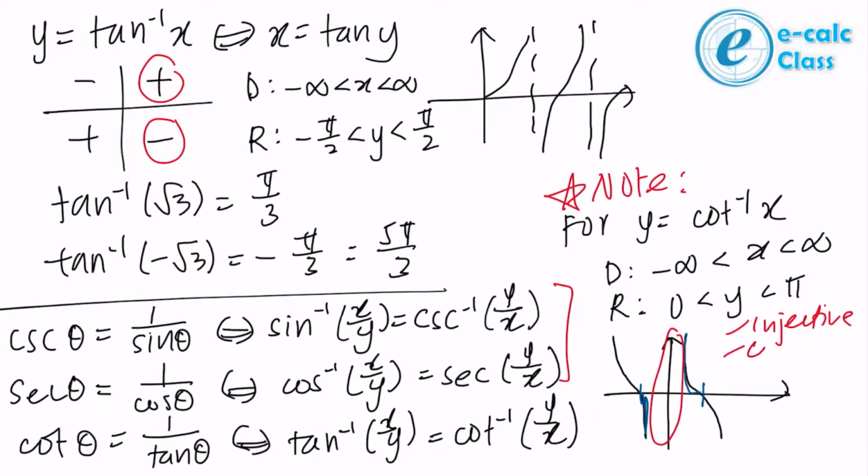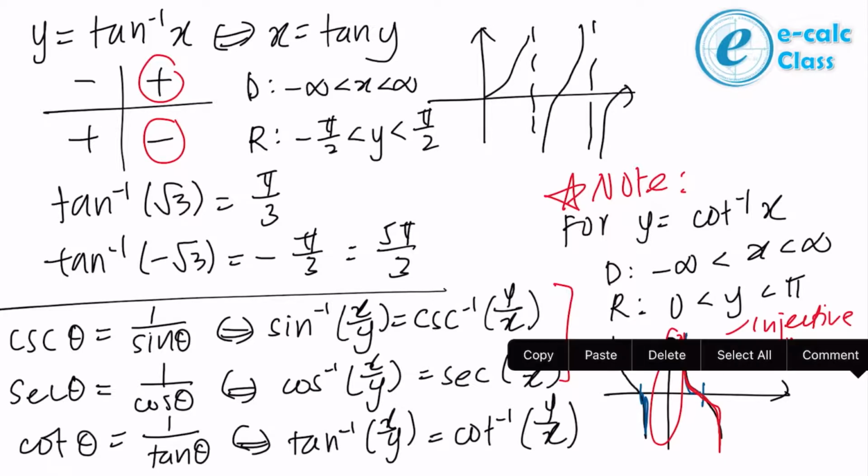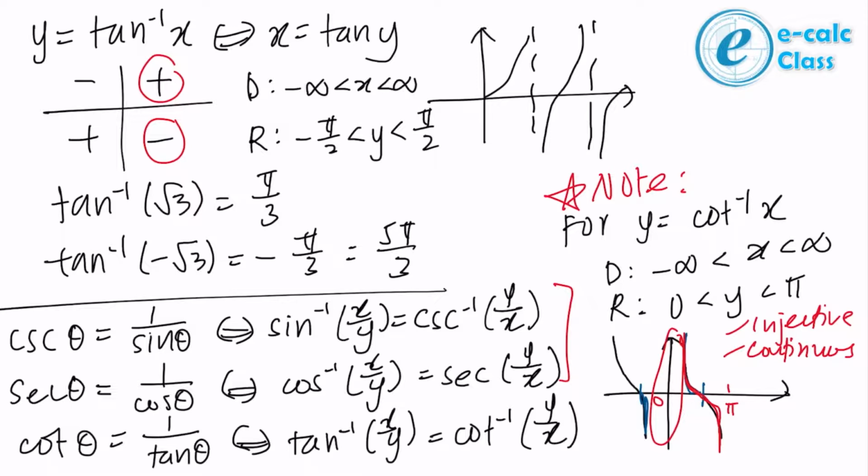So in order for it to be continuous, the best choice is to take from 0 to pi. Of course, not inclusive of 0 and pi. So that it is differentiable throughout the domain. Okay, so this is the range and domains for inverse trigonometric functions.